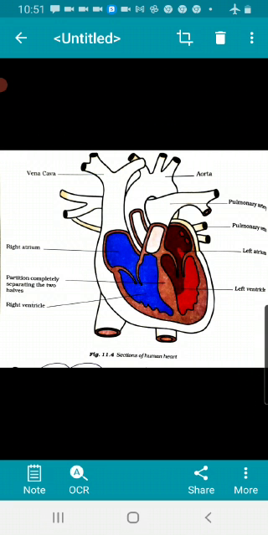So now let's see how this throbbing sound is produced when the blood flows. First of all, you know that the veins carry all impure blood from all parts of the body towards the right side of the heart. So the carbon dioxide which is produced by the cells as waste enters the blood through capillaries which join the veins.